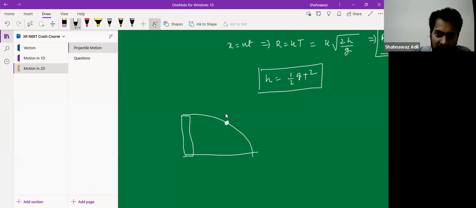So at this point, let's say the time is t, and it has two components of velocity, right? One is Vx and the other one is Vy, right? Understood up to this point?